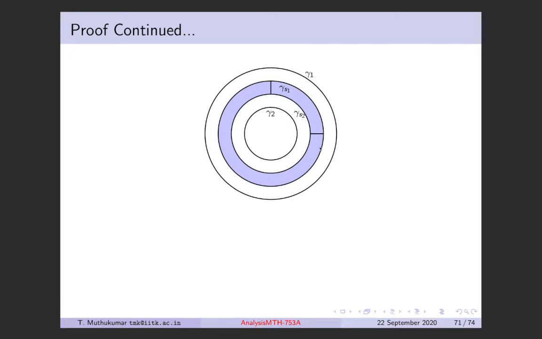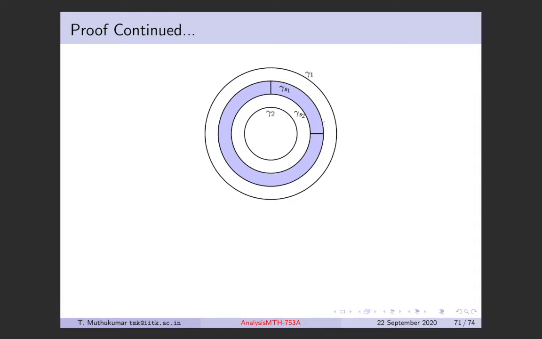Okay, and what you will get is the integral over gamma s1 minus integral over gamma s2, because for gamma s2 we always came in the opposite direction. So it will be minus gamma s2. So the sum of all these closed loops will give you the integral over this and this. So integral of gamma s1 minus integral of gamma s2 is sum of all these loops.